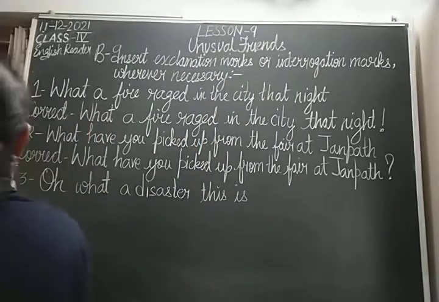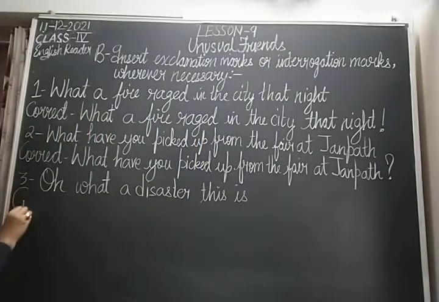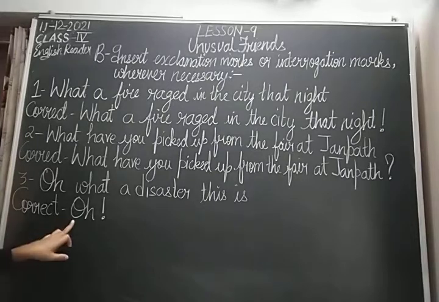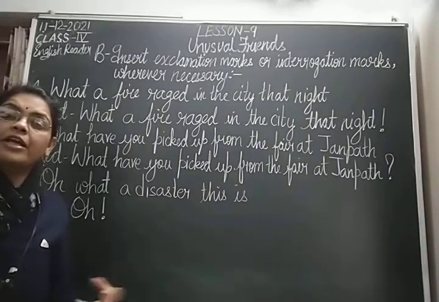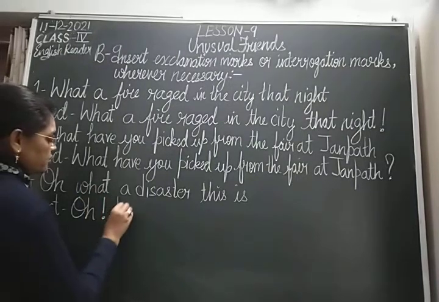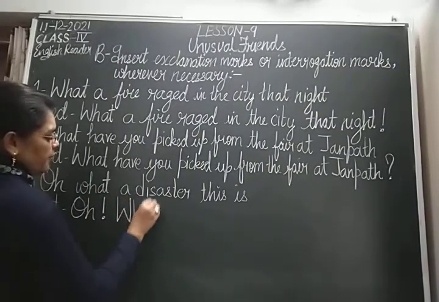Clear? Now, O is an interjection. So, after the word O, we'll put an exclamation mark. O word से हमारा sudden emotion या feeling express हो रही है. Fine? So, O interjection है, तो इसके बाद exclamation mark, then W's of what will become capital.